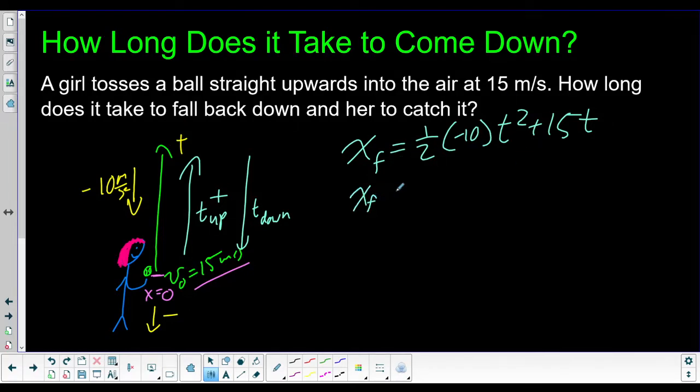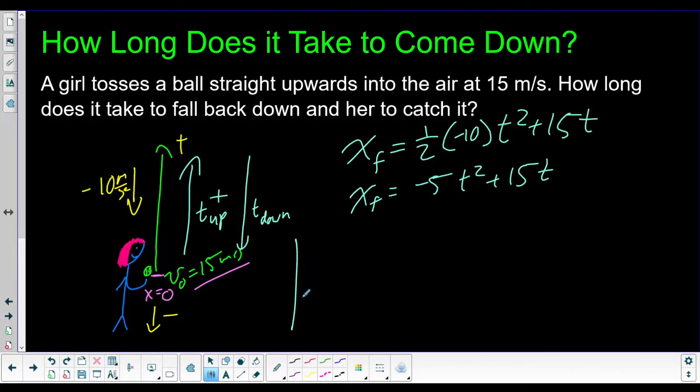X final equals 1/2 times negative 10, which will be negative 5 t squared plus 15t. All right. If the ball goes all the way up and then comes back down, what is the final position if it's back in her hand after it's fallen and she's caught it?